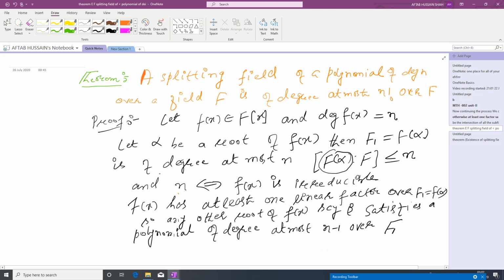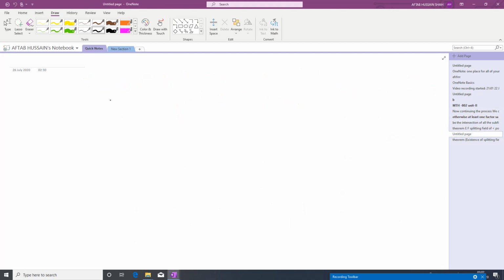So this means what? The degree of extension of F1(beta) over F1 is at most n minus 1, and it is exactly n minus 1 if the remaining factor of the polynomial is irreducible over F1.